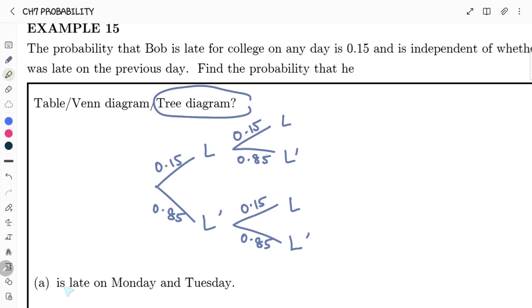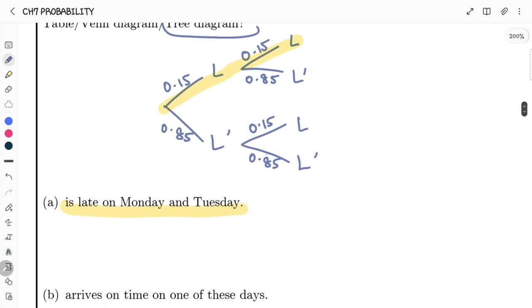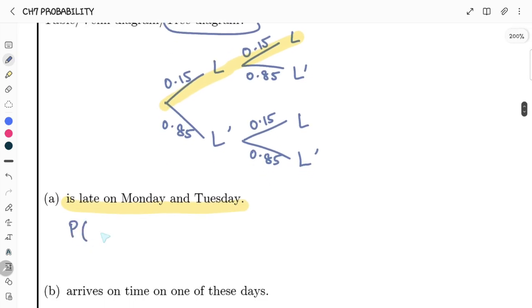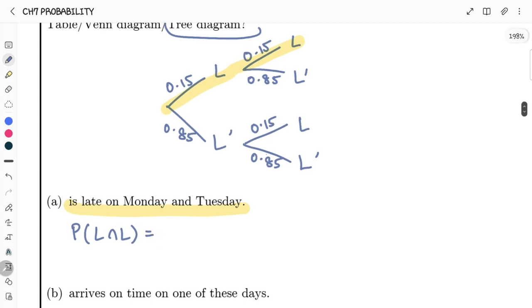So the probability of being late on Monday and Tuesday, both days being late, so late and then late again. We have P(L intersect L), or you can just write P(LL), whatever you like.